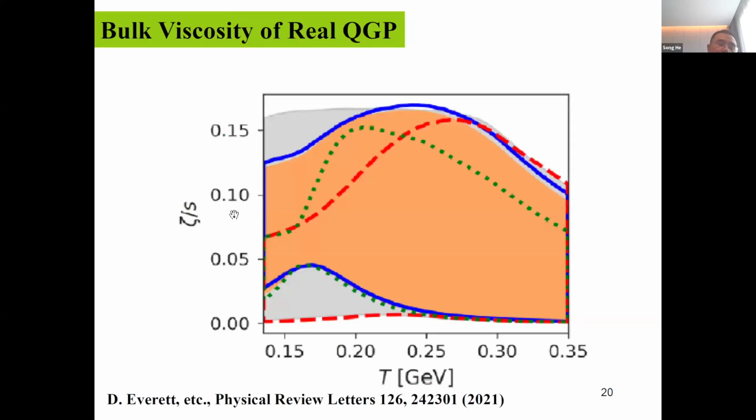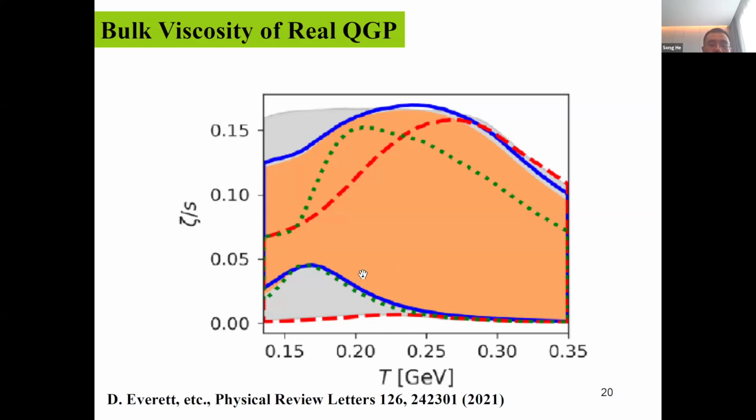And there is also the bulk viscosity. We extract it from Bayesian analysis in terms of effective field theory and also experimental data to evaluate the bulk viscosity over entropy density. You see that the number is quite small, but the band is also small.